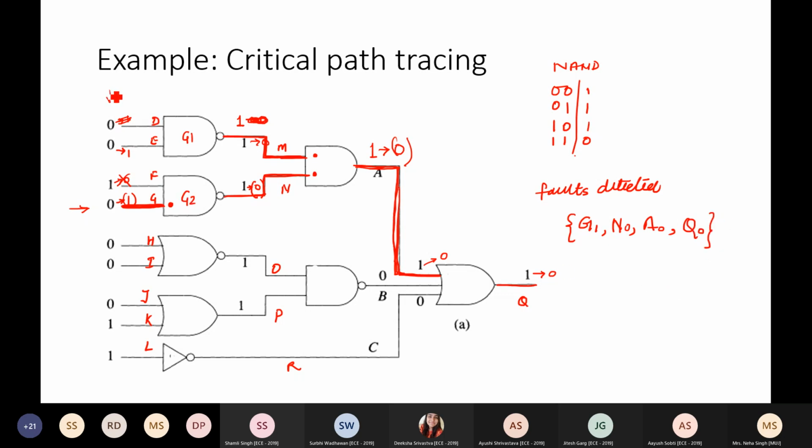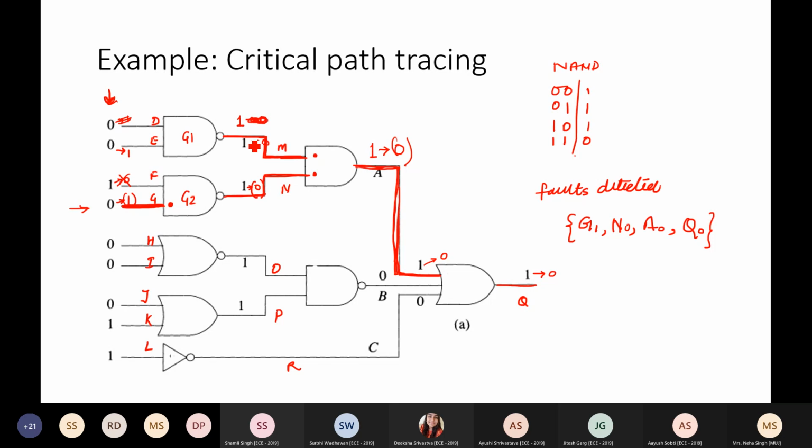So this input test vector will be able to detect the faults G stuck at 1, N stuck at 0, A stuck at 0 and Q stuck at 0. Okay. If I change this vector to 0 0 1 1 0 0 1 0 1 and 1, then you will have other faults that will be detected.